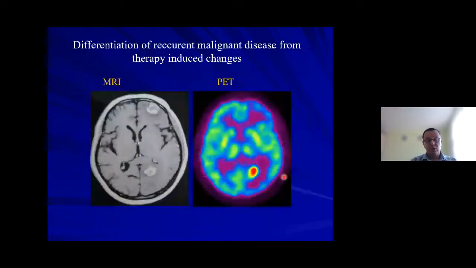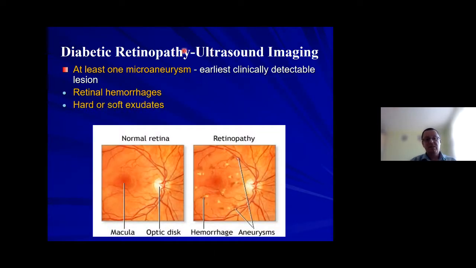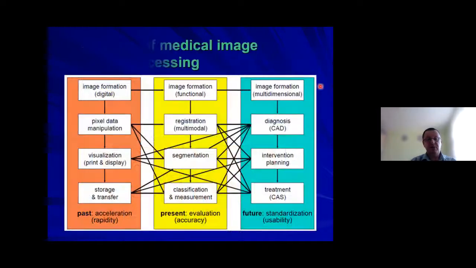Or we can identify possible pathological changes within the brain by combining MRI and PET images, or diabetic retinopathy based on ultrasound imaging.